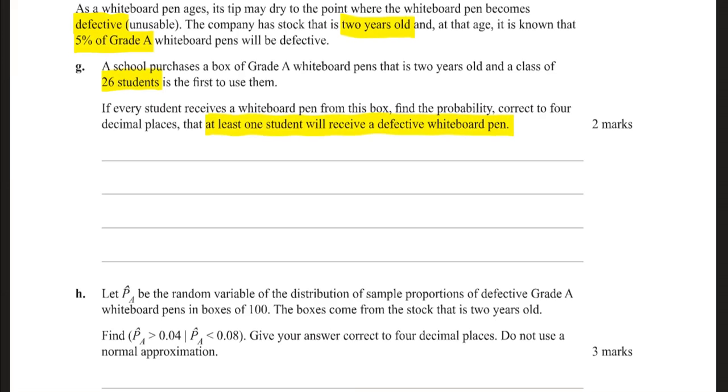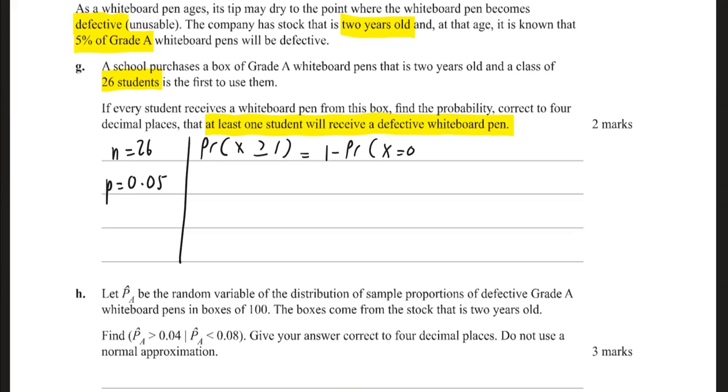So first of all, we have to notice that n equals 26 and p equals 0.05. Now to find PR of X greater than or equal to 1, essentially 1 minus PR of X equals 0.